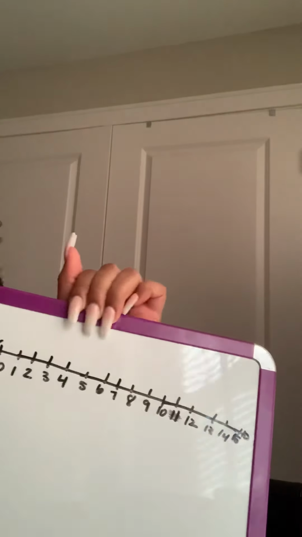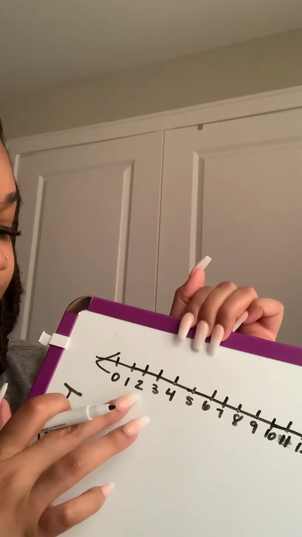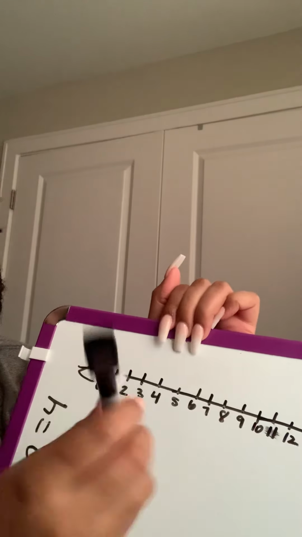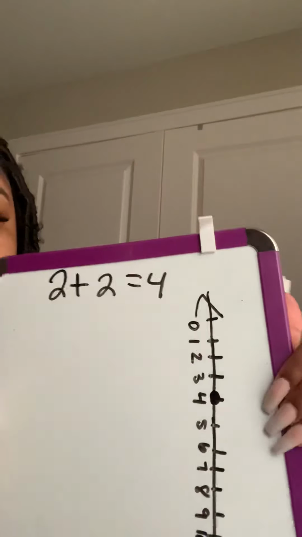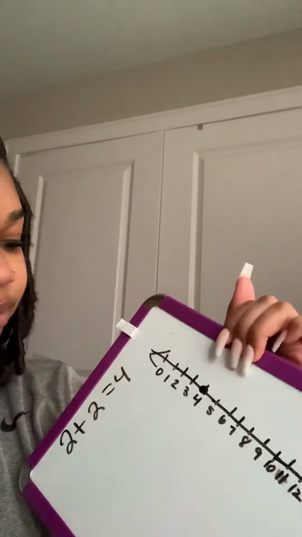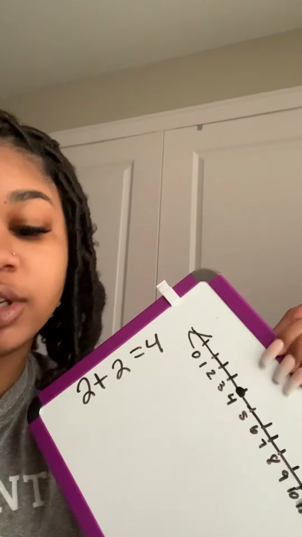Once you got your number down to 15, you're going to put your finger on 2, and you're going to count 2 spaces. So 2, 1, 2, and you land on 4, and that is your answer. That's your answer for this equation, and that's your answer for the number line. So that's how you add using a number line.